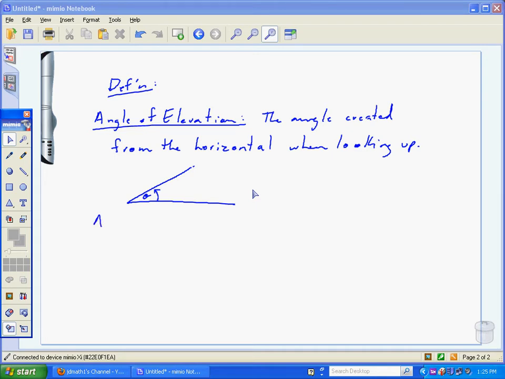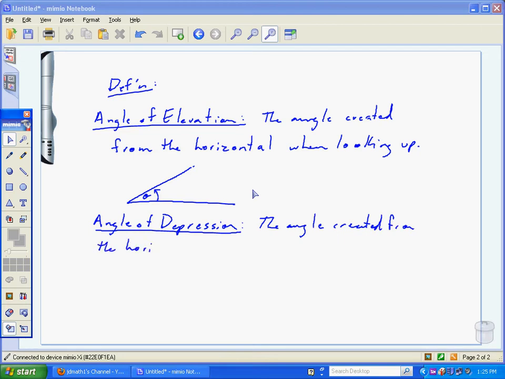Well, the angle of depression is the opposite of that. Instead of when looking up, think of when looking down. So the angle created from the horizontal when looking down.